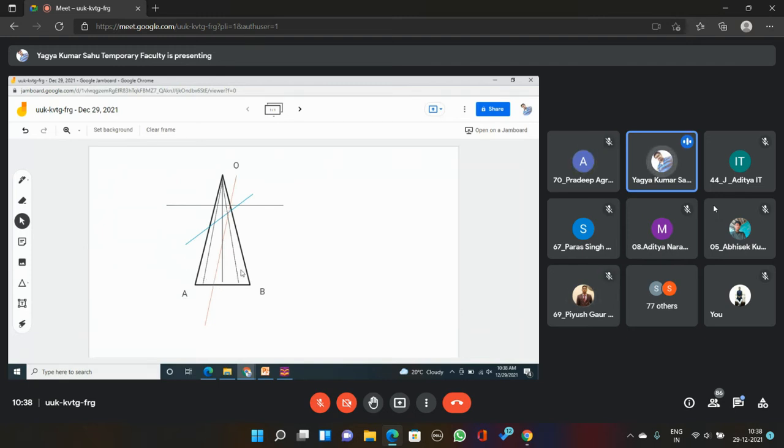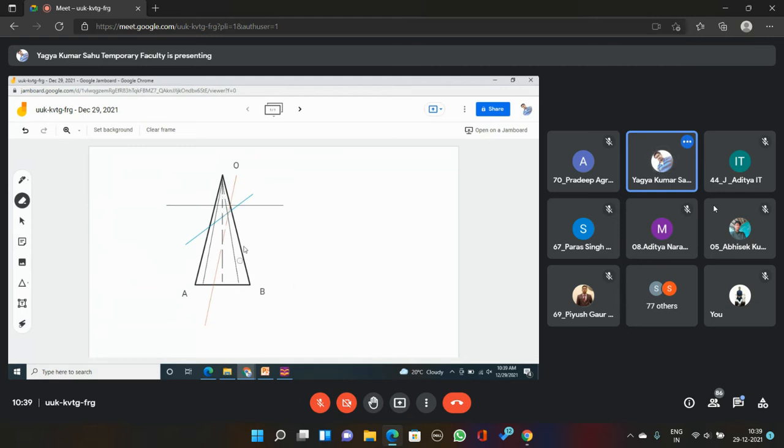So whenever the cutting plane is parallel to any of the generators, the section formed is called a parabola. Now suppose this is your axis, the axis of the cone.